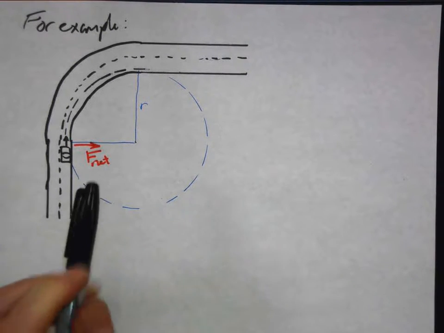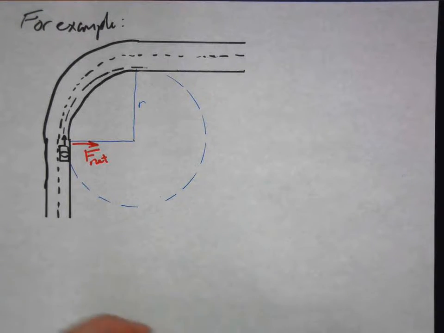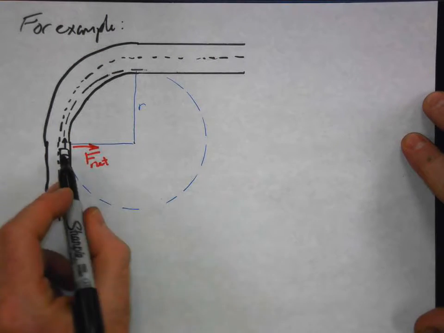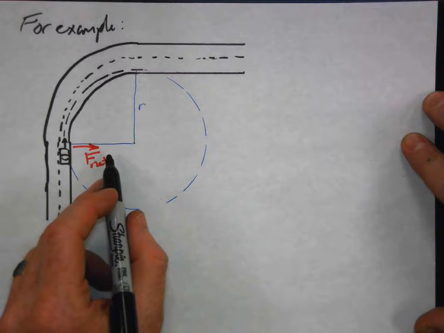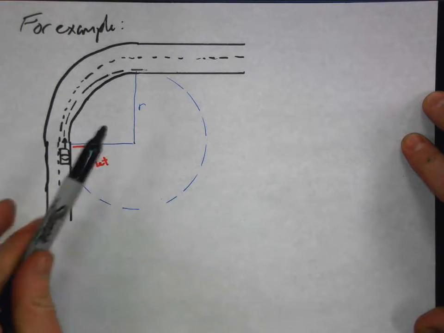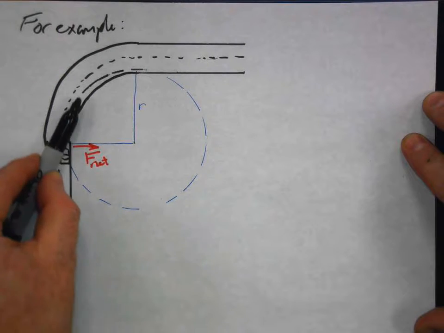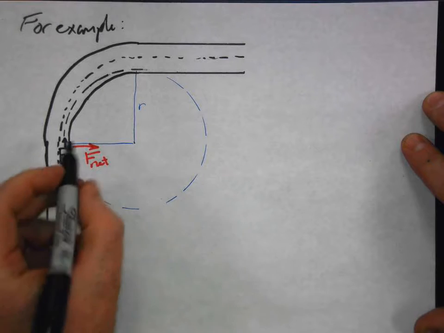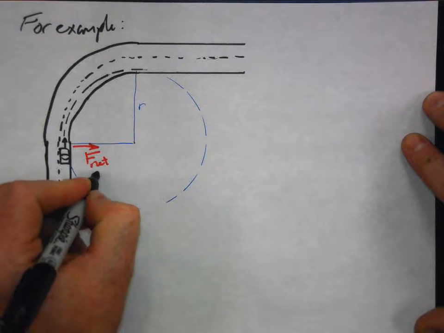Well, it turns out in this case, friction, our good friend. There's no tether, no rope or cable or anything tying the car to a pole here in the center. And without all of that, the car still manages to change its direction. So this force that's doing that change in direction comes from friction.